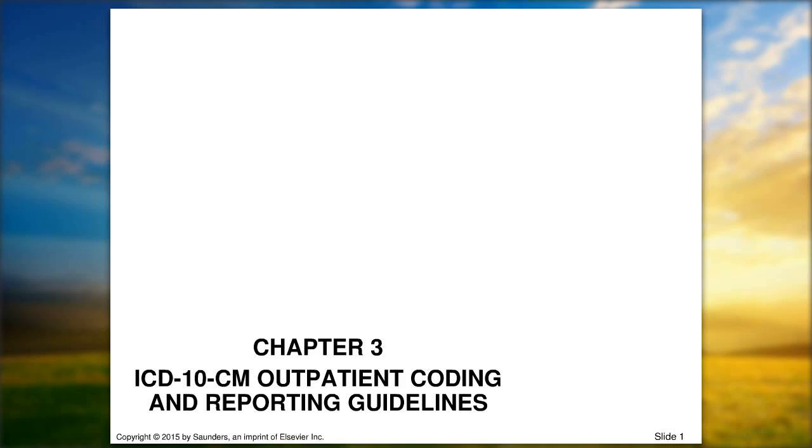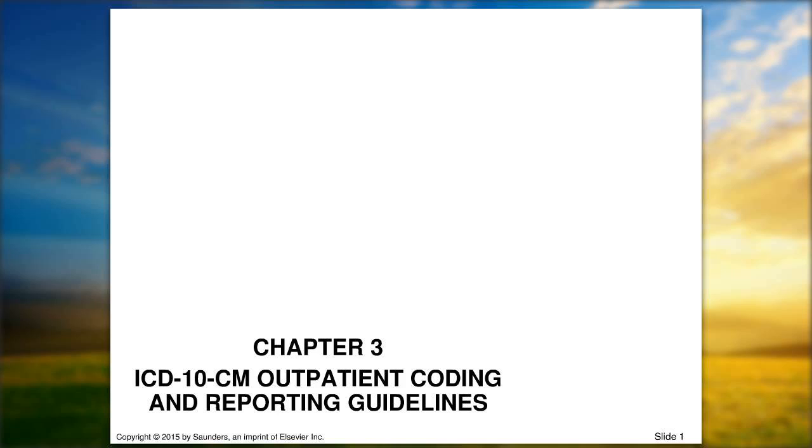Let's turn to page 49 in your step-by-step book. It is the chapter on ICD-10 Outpatient Coding and Reporting Guidelines. And I want you to also turn to page 70 in your ICD-10 book.